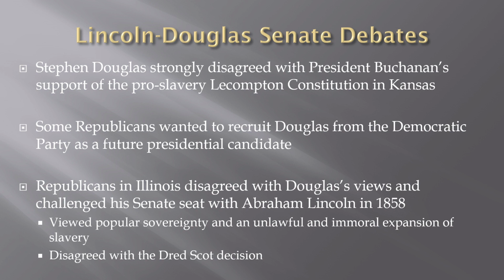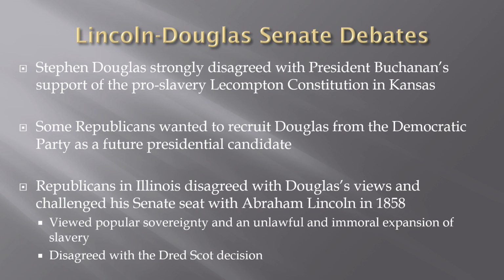So Abraham Lincoln was from Illinois, but also Stephen Douglas, the senator that we learned about, who was behind the Kansas-Nebraska Act. He's also from Illinois. And Stephen Douglas is going to get into a dispute with President Buchanan. President Buchanan, we'll learn a little bit more about him in class, but he was incompetent in a lot of ways.